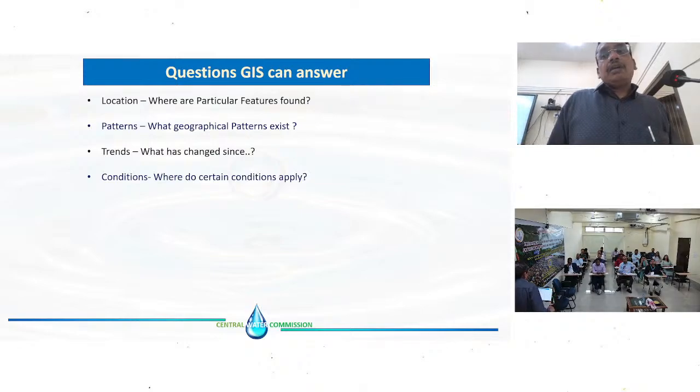And you run a query, you want to have locations which are less than, say, 1 kilometer from the road network, and you want to identify locations having density of population, say, greater than 200 per square kilometer. With a combination of these, you can run a query, simple AND or OR operations in Boolean algebra.